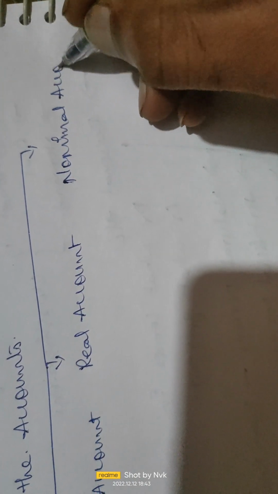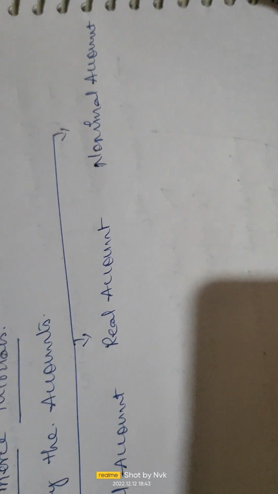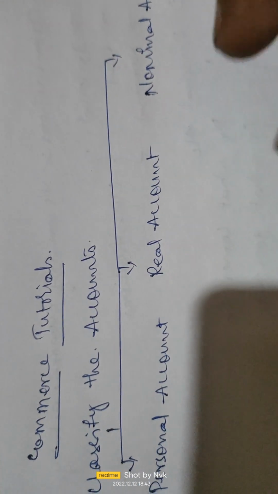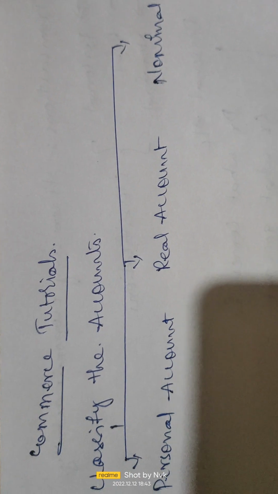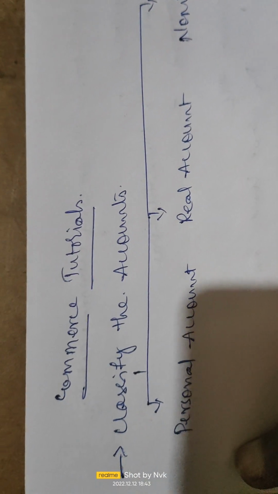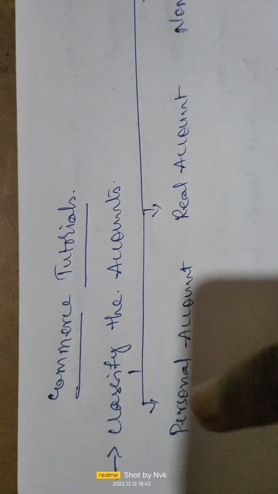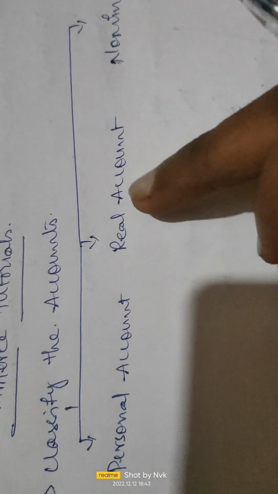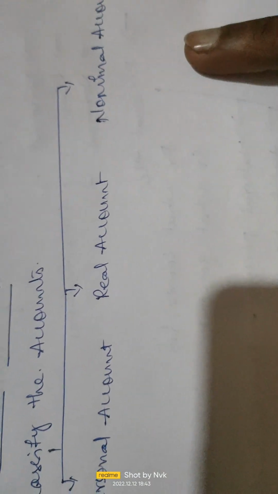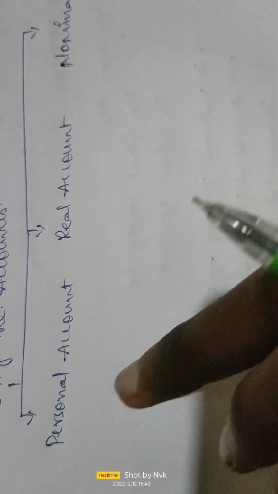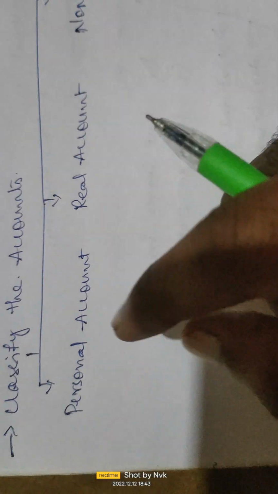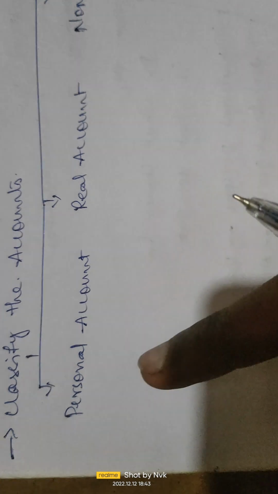For every transaction that we need to pass journal entries for, we first need to classify the accounts based on their nature: personal account, real account, and nominal account. These accounts have definite rules.